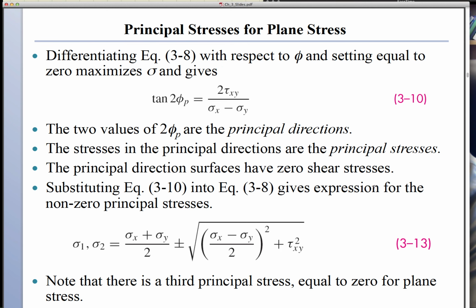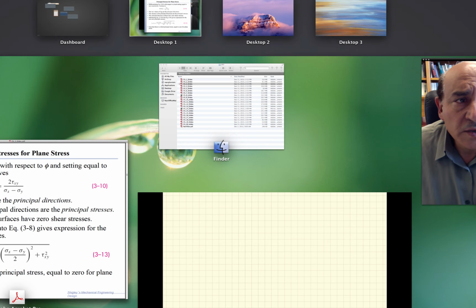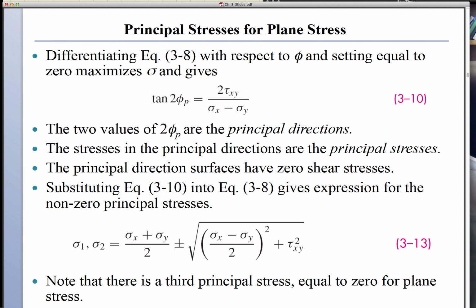Either way is fine, and this is the angle calculation of tan 2 theta p from the triangle that I showed you, and these are the magnitudes of the 2 principal stresses, which is C plus or minus R.